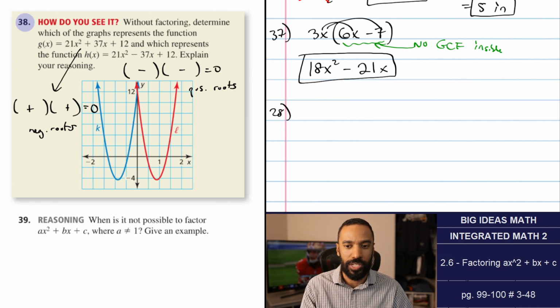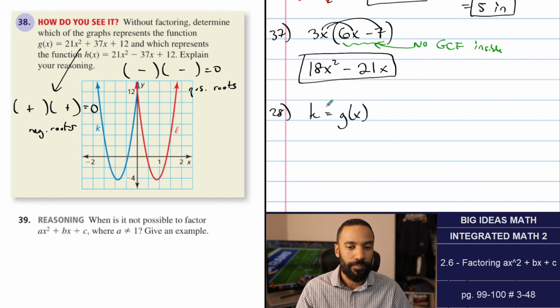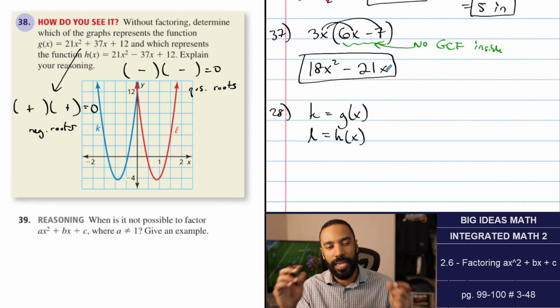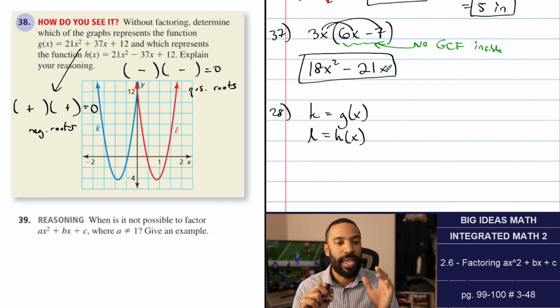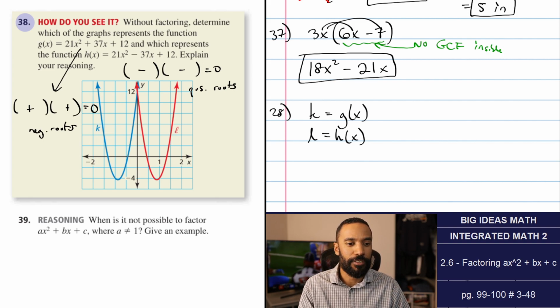I'm explaining the reasoning to you. I'm going to write it here. K is g of x and L is h of x. And the reason, again, is because the intercepts are solved for after you factor, and the factors have different signs based on their sums. This is a positive sum, negative sum with positive product. Positive sum, negative sum.